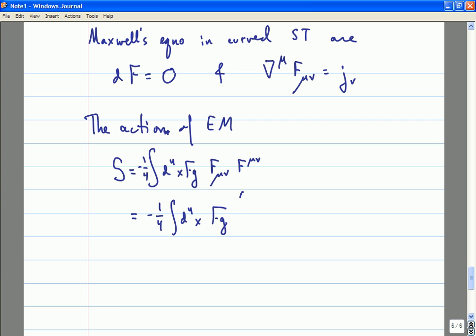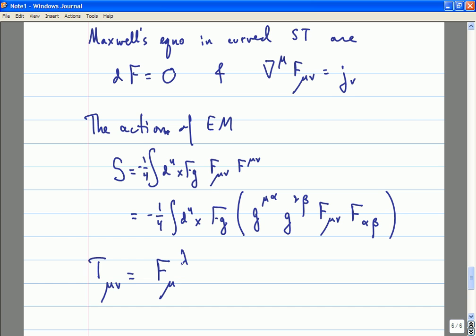So there are 2 powers of the inverse metric that will appear if you write everything out in terms of the electromagnetic field strength as a 2-form. And so you just need to study the variation of this action with respect to those in order to determine the stress tensor of electromagnetism. I will just write down the answer for you.